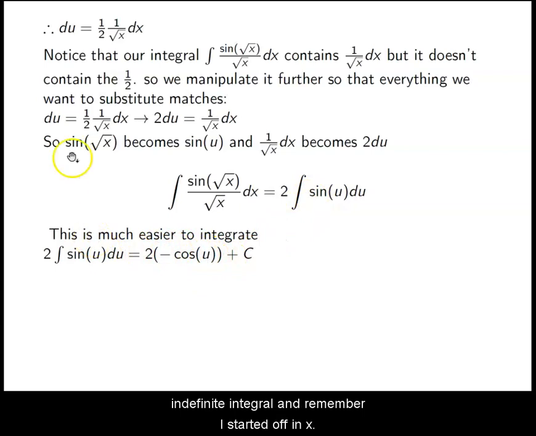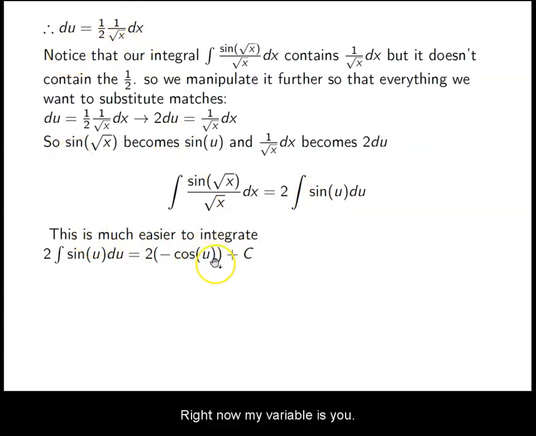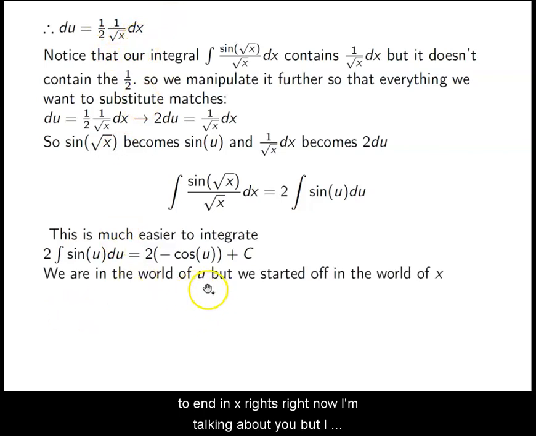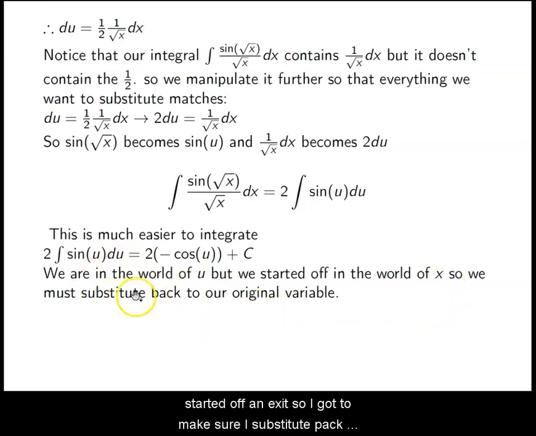And remember, I started off in x. Right now, my variable is u. So I have to make sure that whatever I use for u, I come back and substitute my x in, because if I start in x, I need to end in x, right? So right now I'm talking about u's, but I started off in x's. So I've got to make sure I substitute back and go back to my original variable.